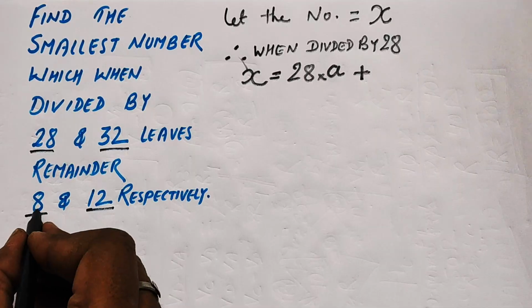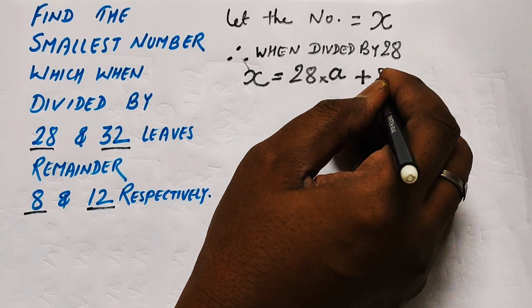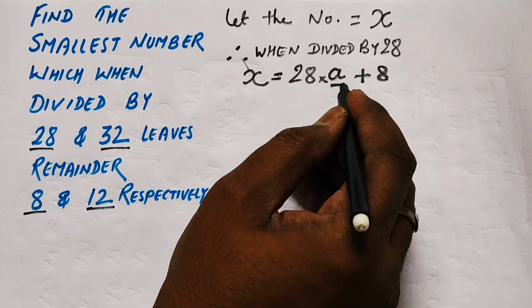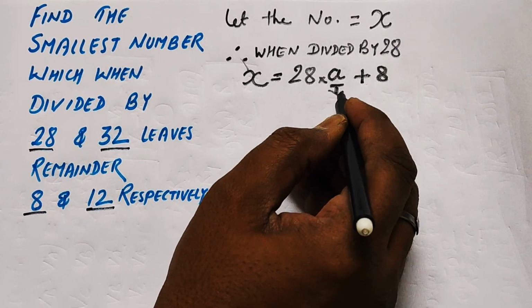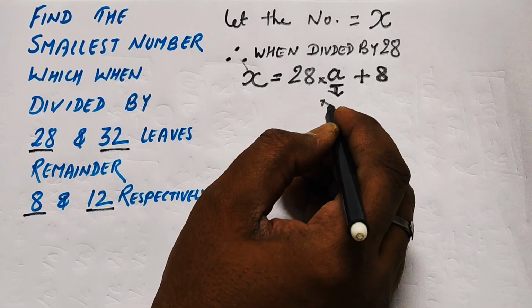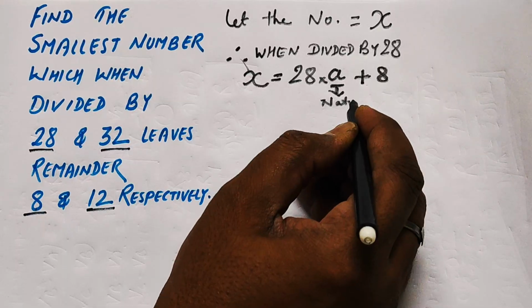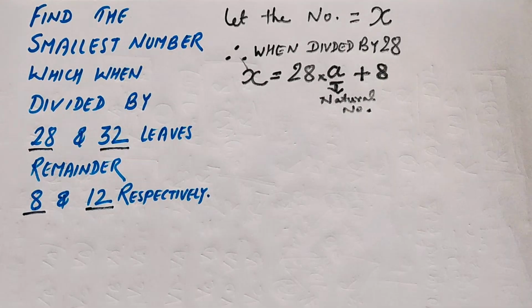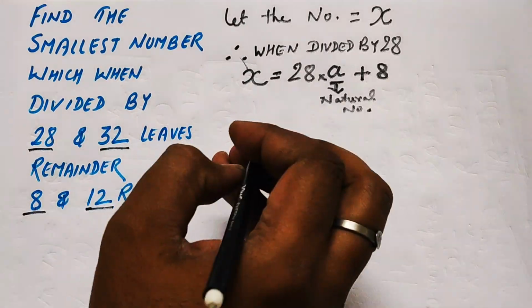That means a times 28 plus the remainder will add up to give you that number x, where a is the natural number in the table of 28. That is how many times it's going, right?